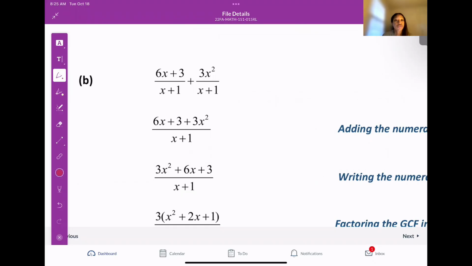Let's see. So if we write this in standard form, the 3x squared plus 6x plus 3 in the numerator over x plus 1, we see that in the numerator, we can factor out a 3 from everything. So that would be 3 times x squared plus 2x plus 1. And then x squared plus 2x plus 1 can be factored more. That's x plus 1 times x plus 1.